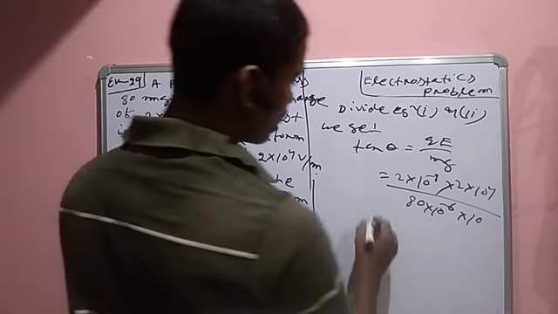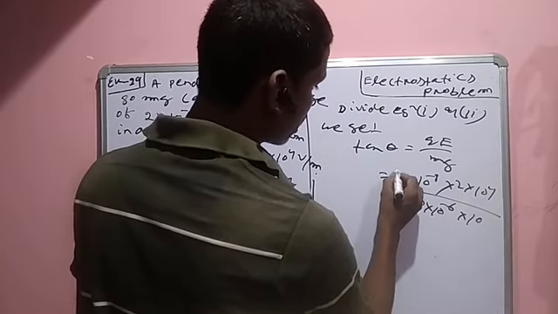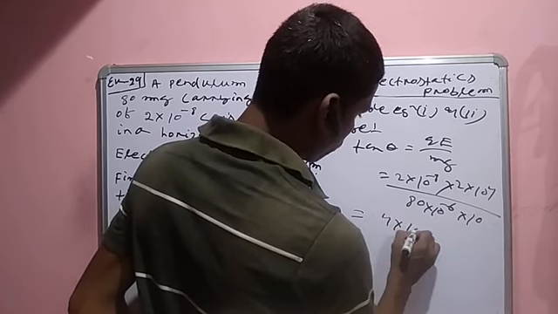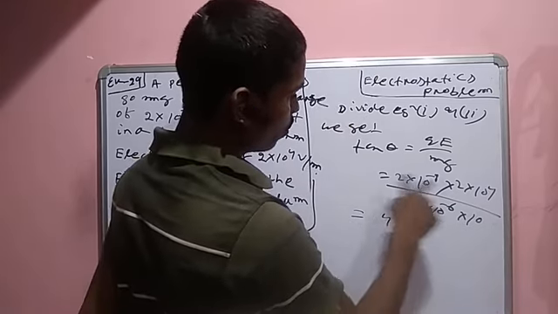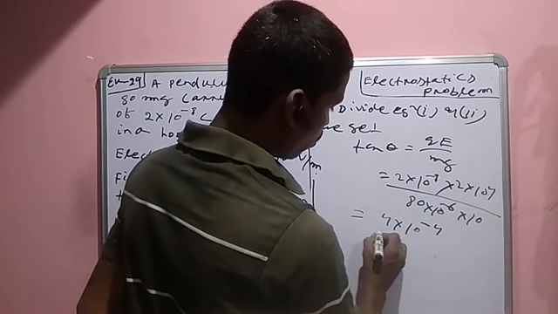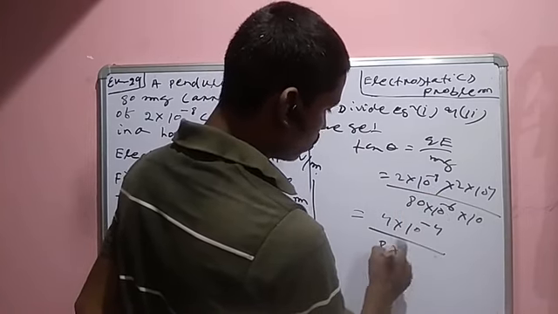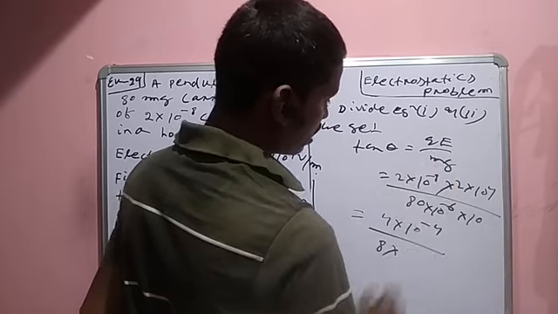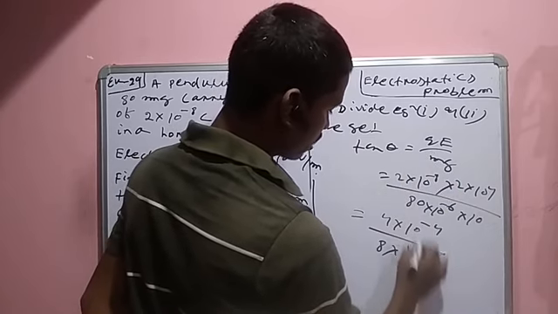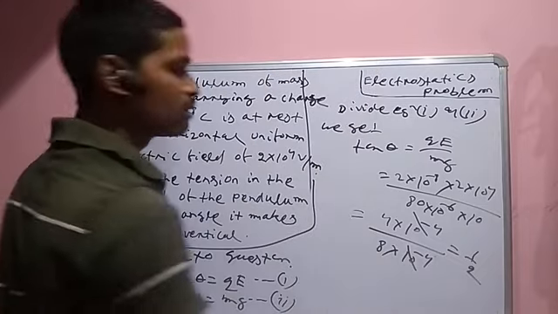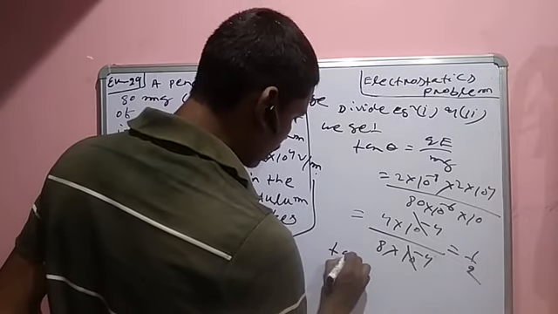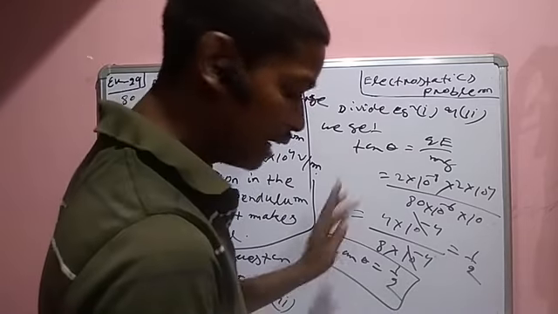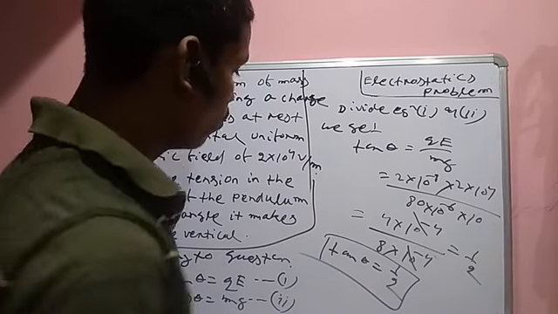So the value of tan theta works out, the powers cancel each other, and tan theta is equal to 1 by 2.